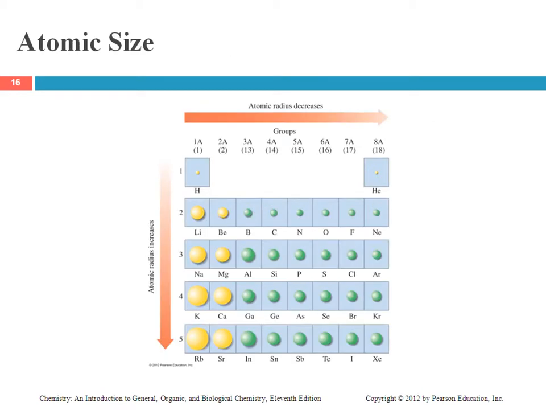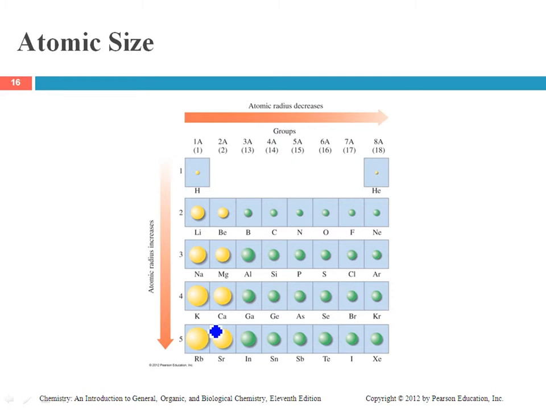The next thing we're going to talk about with respect to trends of the periodic table is that as we move down the periodic table, the size of the atom, or the atomic radius, increases. This makes sense because we're getting more and more energy levels surrounding the nucleus, so as we move down, the atom is getting larger.